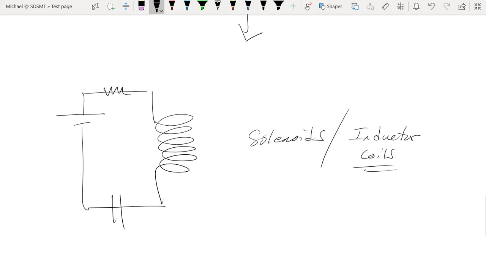We'll see what those do to our circuits, and more specifically, we'll see what they do to the math.